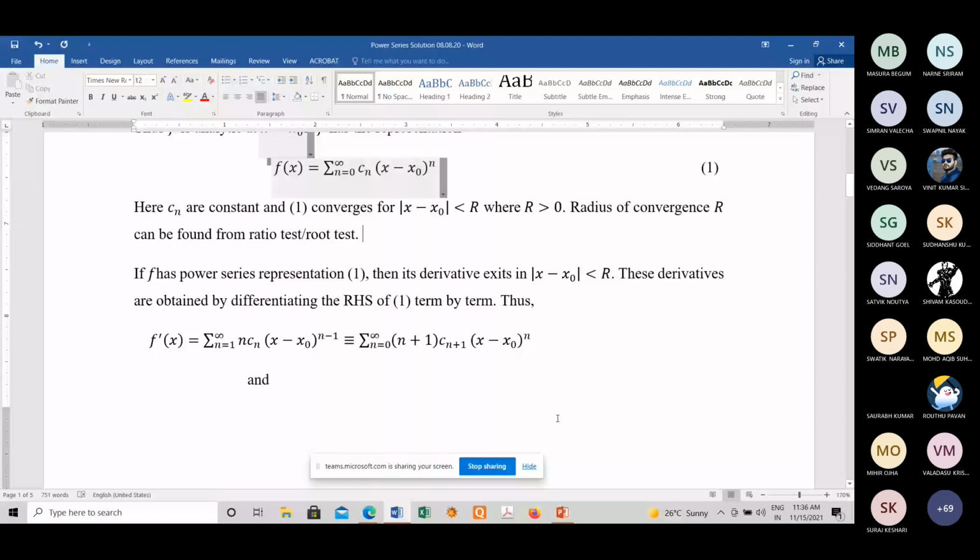I'm just telling you another question. The next question is d2y by dx square plus x divided by x minus 1 times dy by dx plus 3x square y equal to 0.